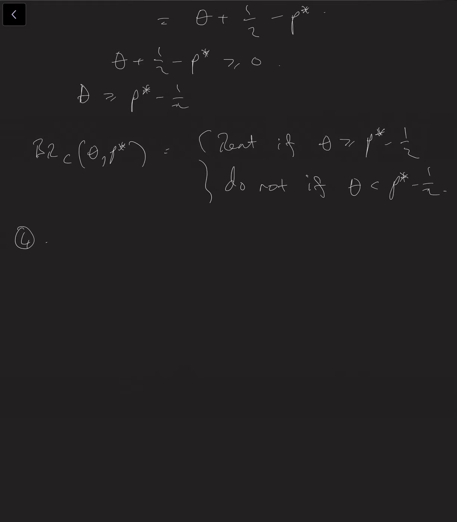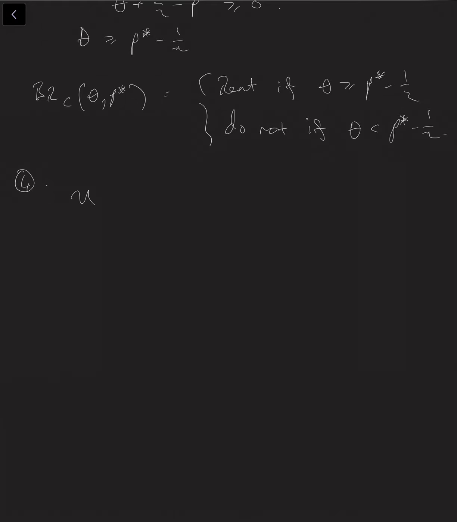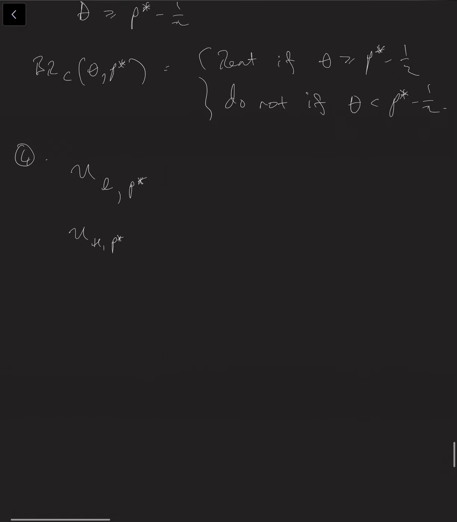So in order to do this, we need to calculate the utility she gets from offering the low quality flat at P star, and the utility she gets from offering the high quality flat at P star, and then the utility she gets from offering the low quality flat at some P not equal to P star, and from offering the high quality flat at some P not equal to P star.